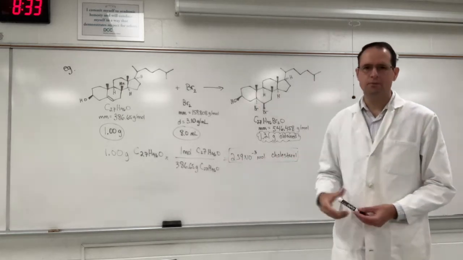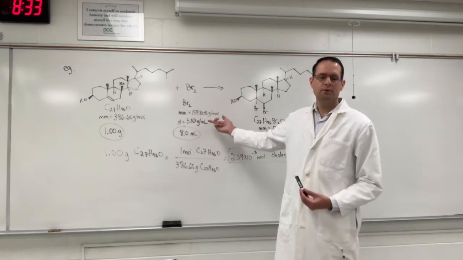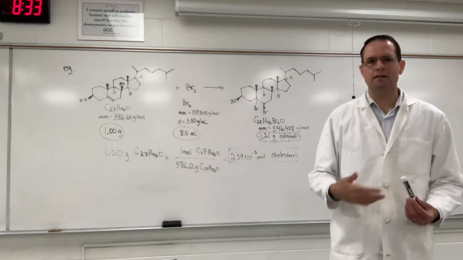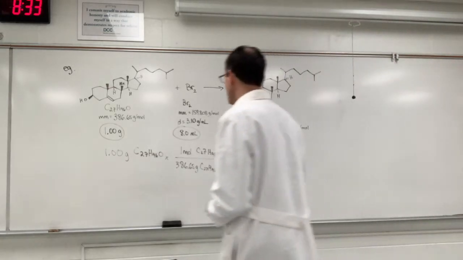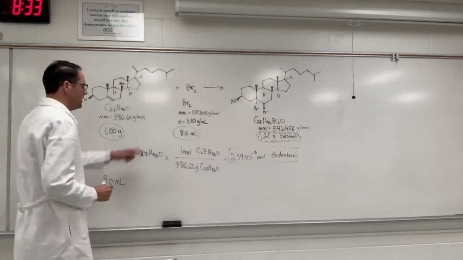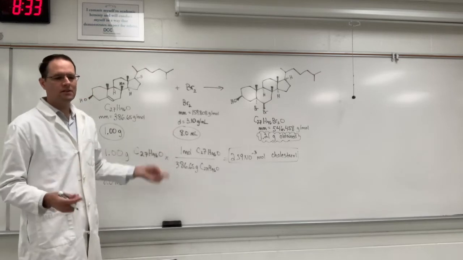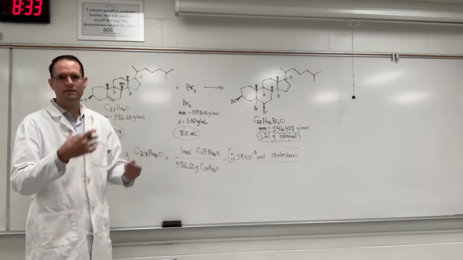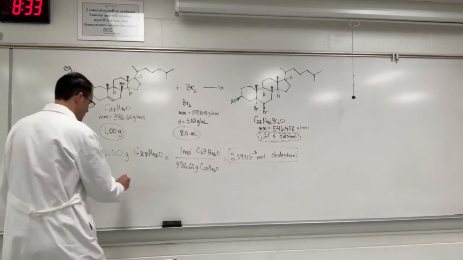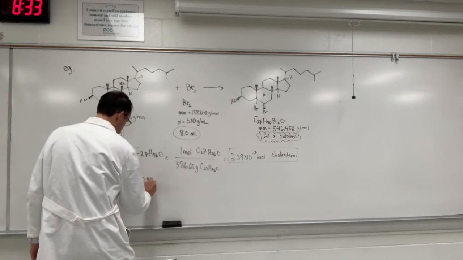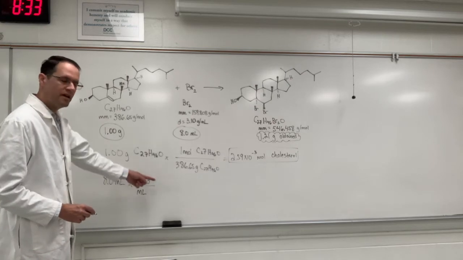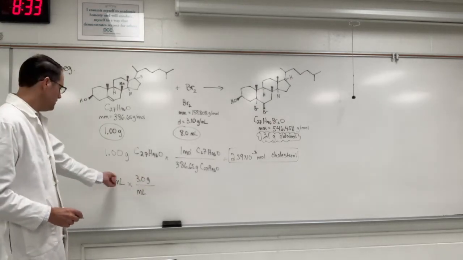For bromine, we don't have the mass because it's a liquid. We measure it more conveniently with a graduated cylinder. So let me show you how to calculate moles from a volume. We have 8 milliliters. And the density is most often found in places like Wikipedia, ChemSpider, or even on the reagent bottle itself. So the density is 3.10 grams per milliliter. We multiply the volume times the density, and we get 24 grams.